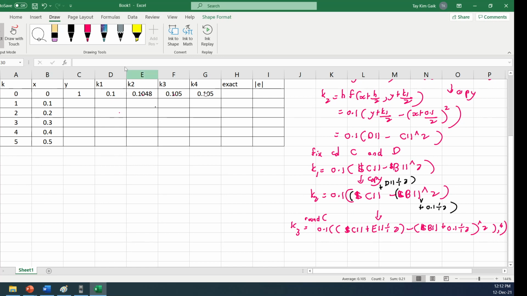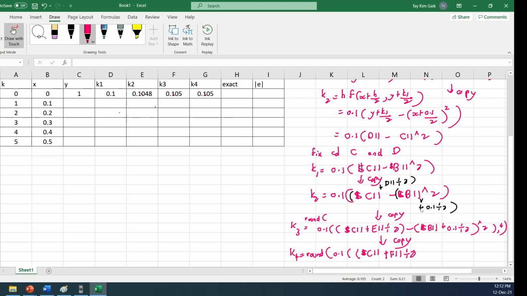Because when you copy it to K4, round, still round, there, 0.1, and then C11, you copy still C11, E will become F. When you copy E to the next column is F11, divide by 2.